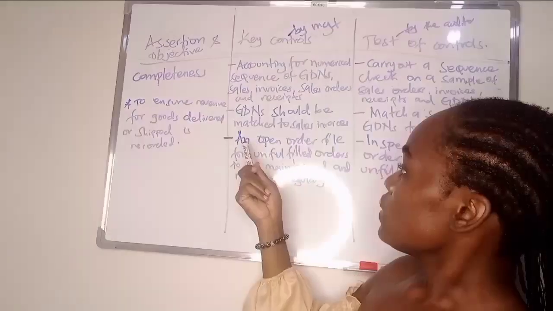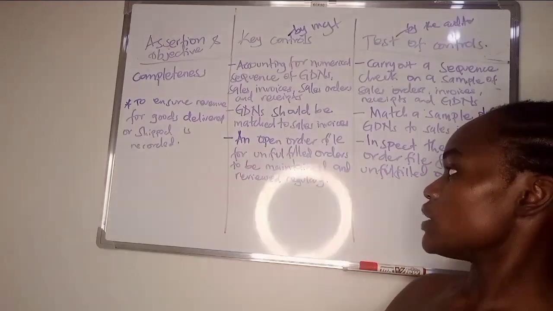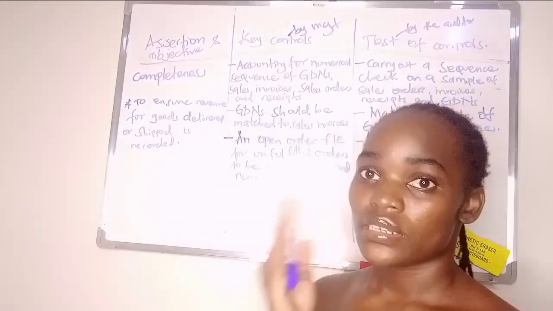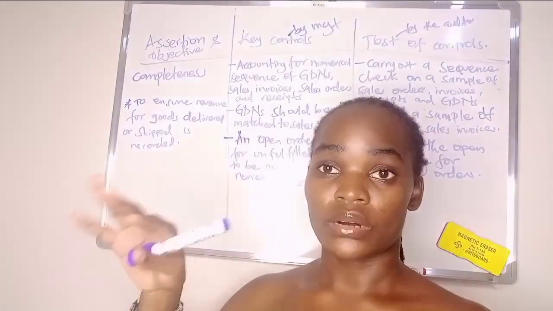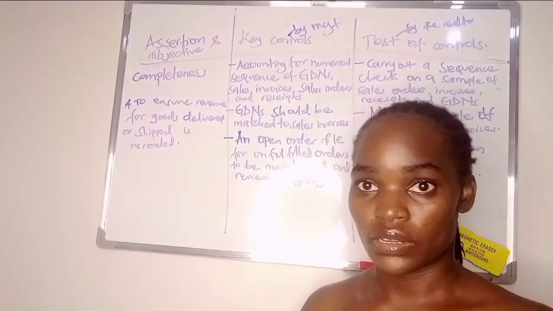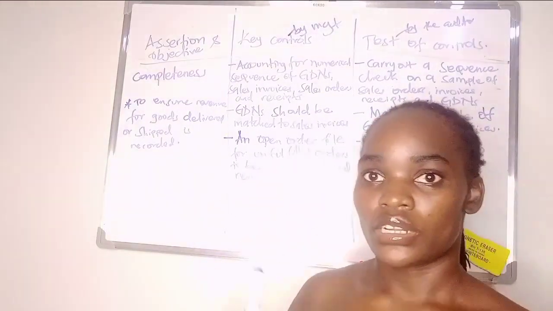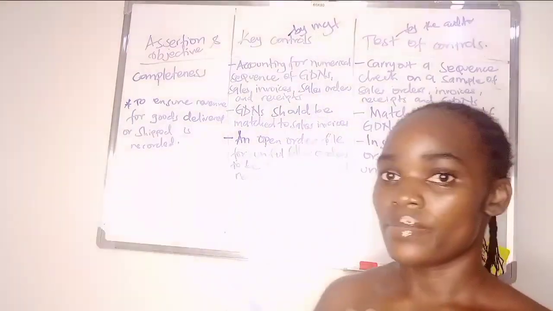Then another one is an open order file for unfulfilled orders to be maintained and reviewed regularly. The organization can have a file whereby they record all the orders that are not yet fulfilled. So that file should be reviewed regularly because they keep fulfilling orders day by day.